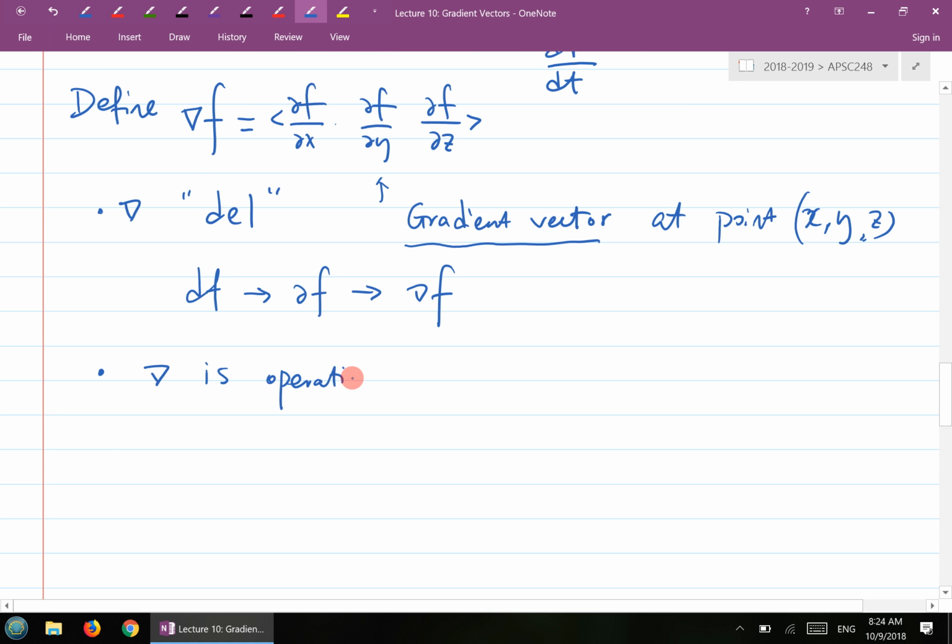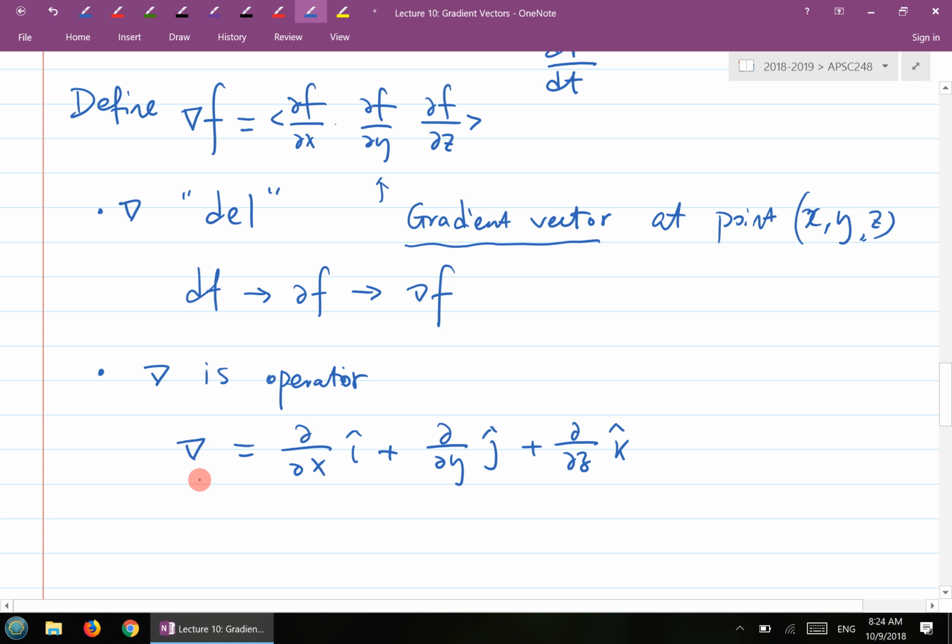It's basically a differential operator. Operator basically means the del itself is actually defined as partial over partial x, and so on. It's a derivative, of course here it's a partial derivative. And del itself is a vector operator.